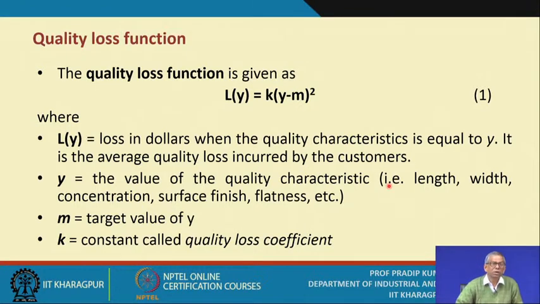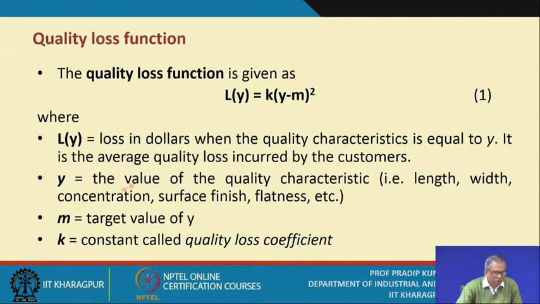That means in a continuously running production system, given a particular product or component on a particular process, you start producing a particular component in large numbers. There will be many units, and against a particular unit you measure the value of the quality characteristic. That value is y, and obviously this y is a random variable.